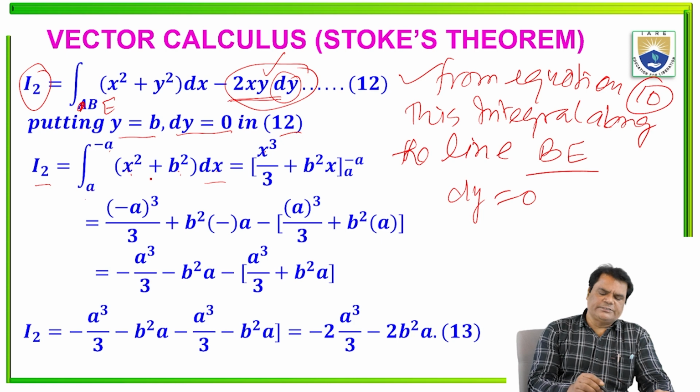Now integrating: x cube by 3 plus b square, which is constant, times 1, and the integration of 1 is x.